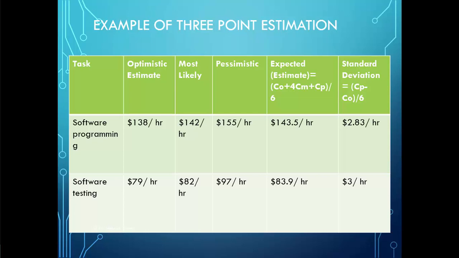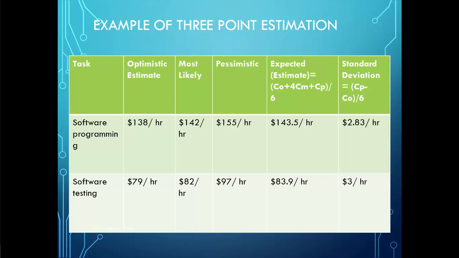This is an example of 3-point techniques for 2 activities in software development. The first one is software programming and the second is software testing, and we have the different values for optimistic, most likely, and pessimistic.